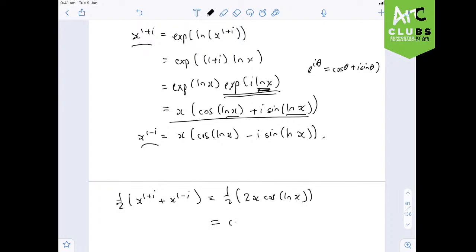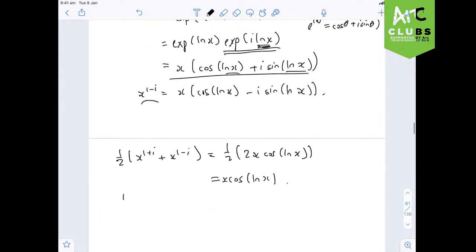And that's x cos ln x. Similarly, if we do 1 on 2i times x to the 1 plus i minus x to the 1 minus i, we get 1 on 2i times 2ix sine ln x. And that's x sine ln x.